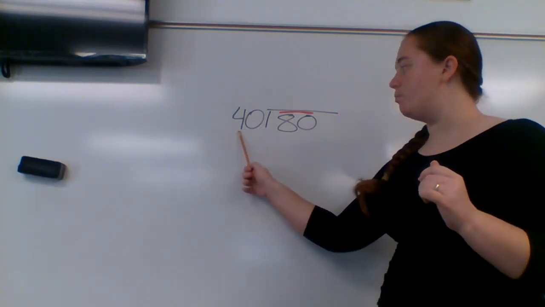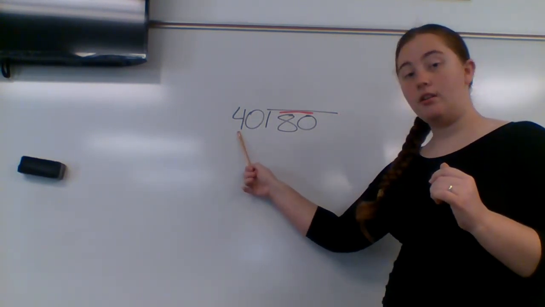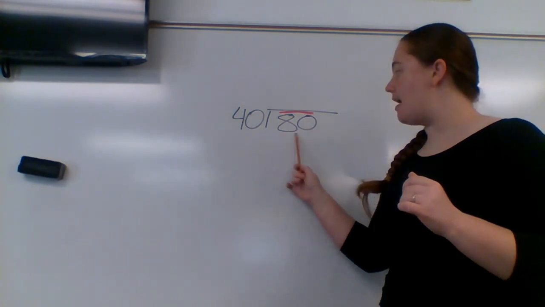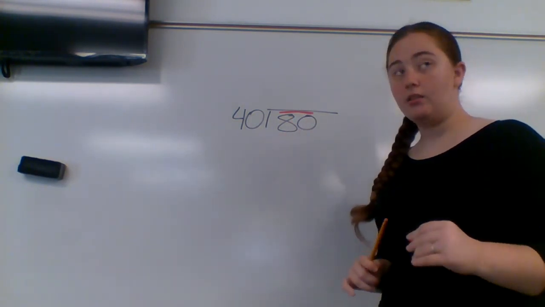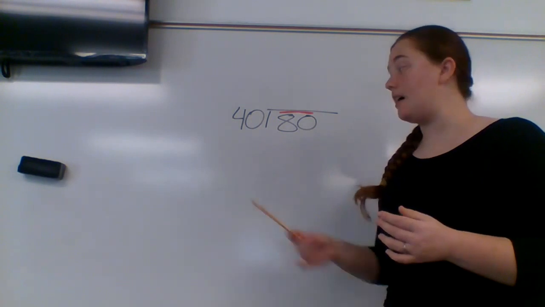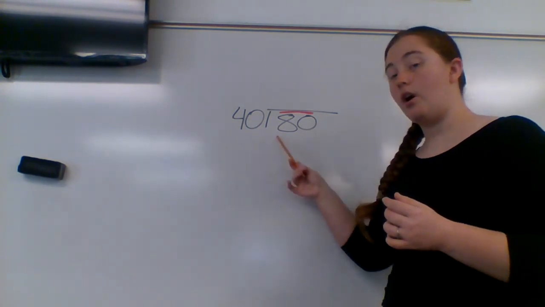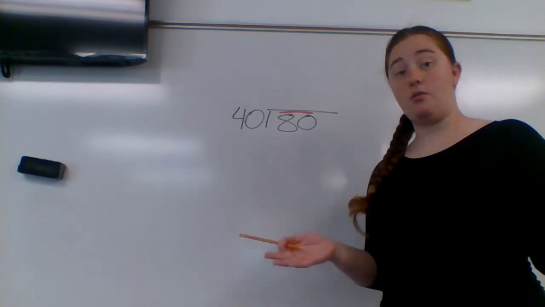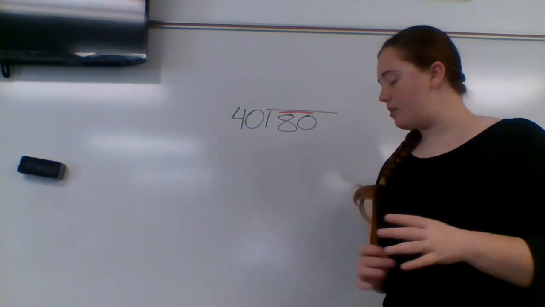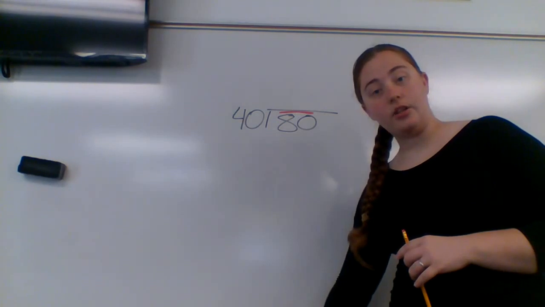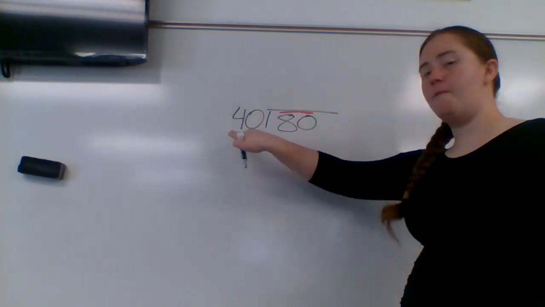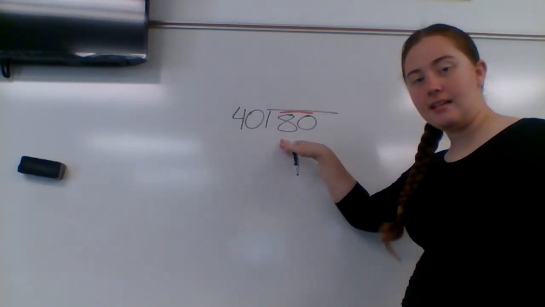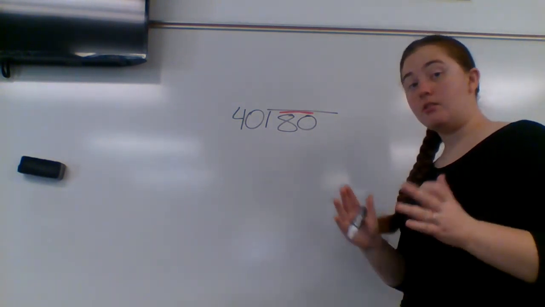So we'll just look at the 4 for right now and the 8 for right now. Do I know how many times 4 will go into 8? Those numbers I know, and those numbers I can work with. I know 4 will go into 8 2 times, so let's start with that.